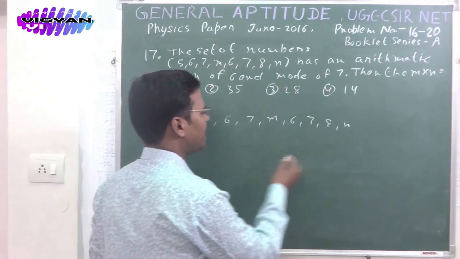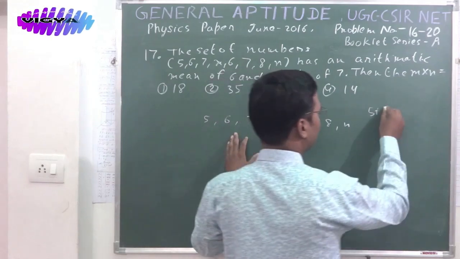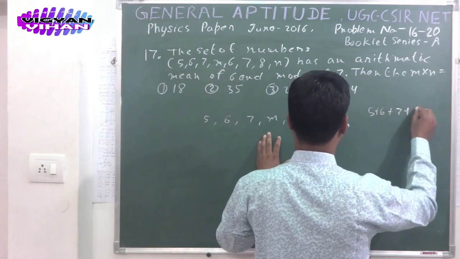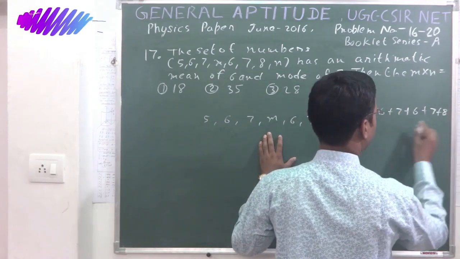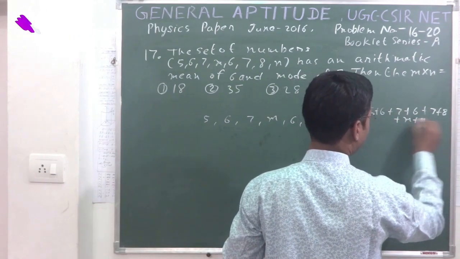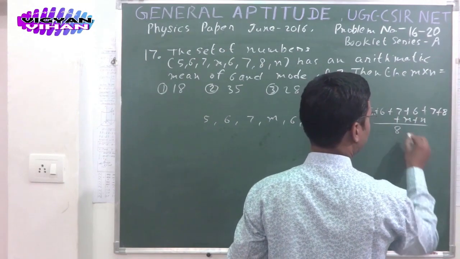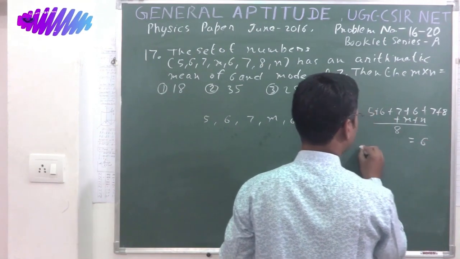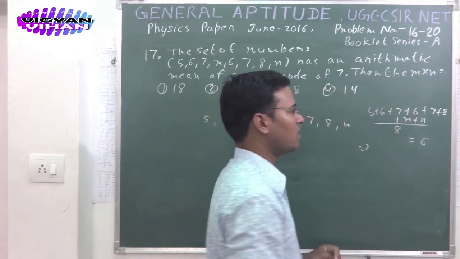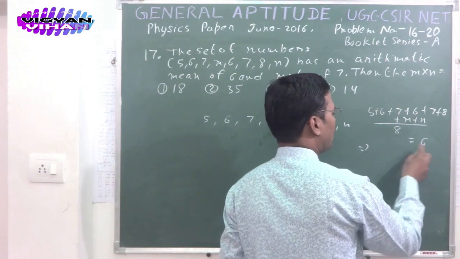So we can write here the mean can be calculated by addition of the numbers: 6 plus 7 plus 8 plus m plus n upon these 8 numbers will be equal to 6. So the addition of all those numbers will be now 48.